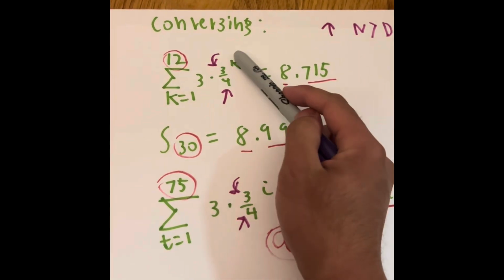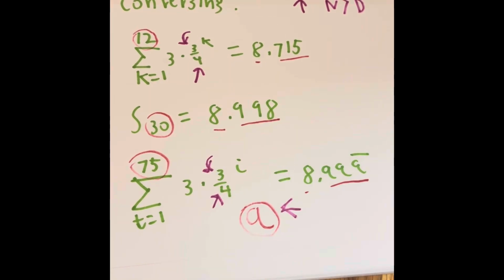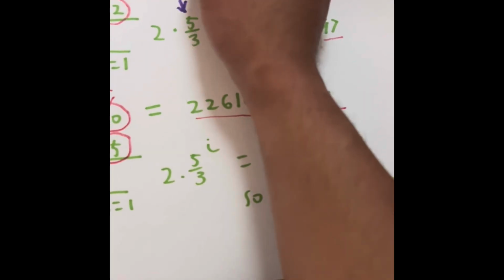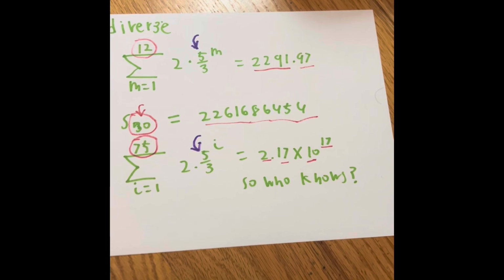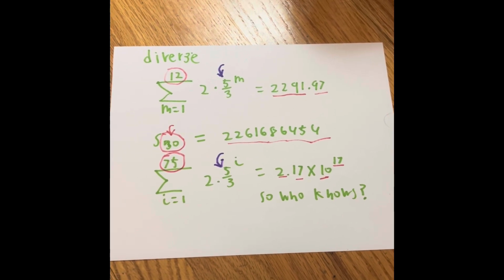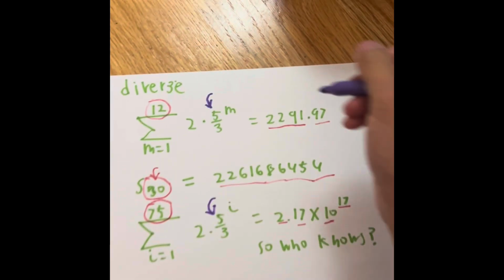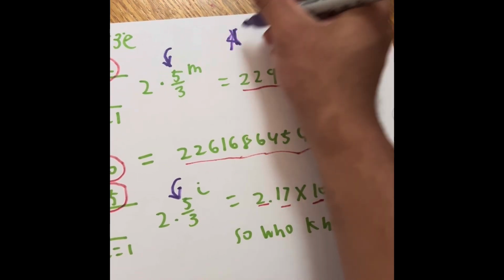Notice from converging, you have the numerator smaller than the denominator. And this one is also the numerator smaller than the denominator. But right over here, notice how the numerator is larger than the denominator, which means it's known as an improper fraction. And when you have an improper fraction, we can say and know that it's greater than 1.